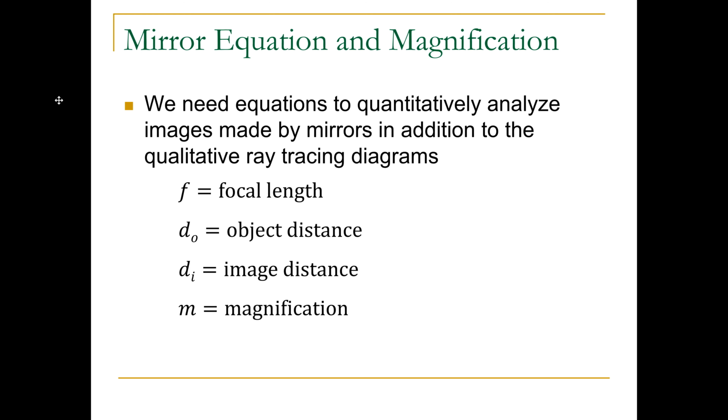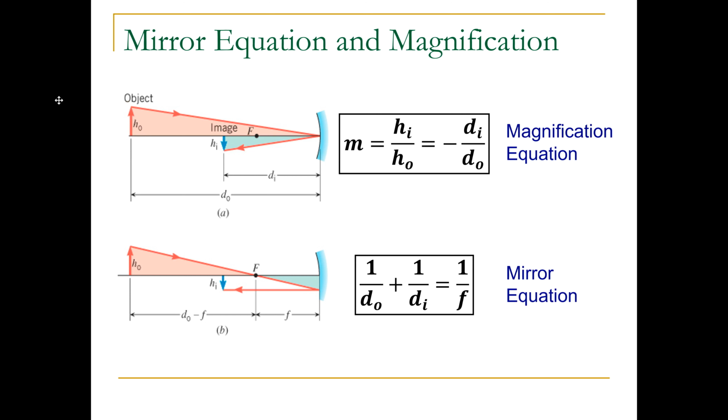On the AP equation sheet, they use the letter S instead of the letter D for position or distance. And I think they use a capital M for magnification, but you should still recognize the equations. All right, so there's two main equations that we use with curved mirrors. The top one is our magnification equation, and it's equal to the ratio of the image height over the object height.